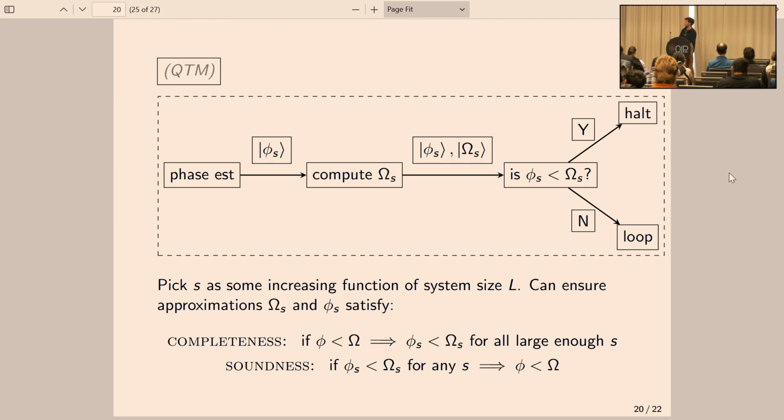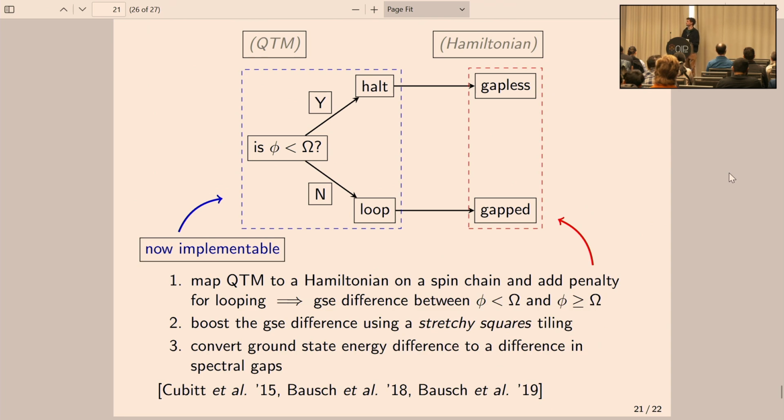So they satisfy these completeness and soundness conditions. So this left-hand side of our diagram is, morally, ignoring the details, now implementable.